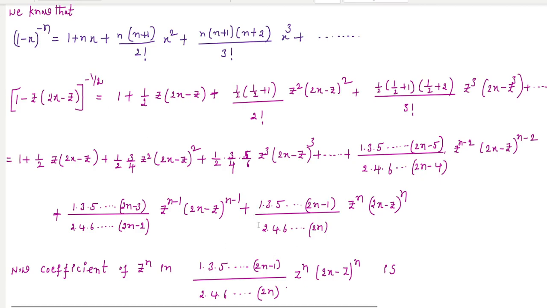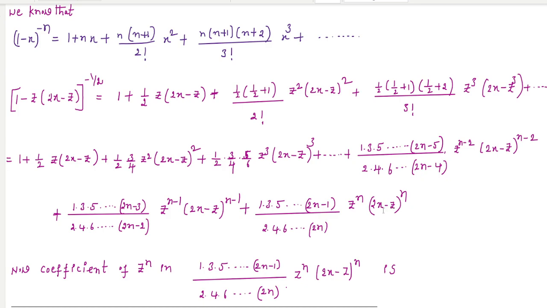Now, the coefficient of z power n in this equation: I want the z power n coefficient in this expansion, and I have z power n only in the nth term, so this z power n is there.